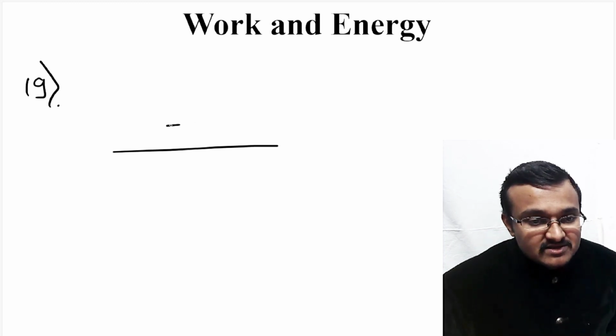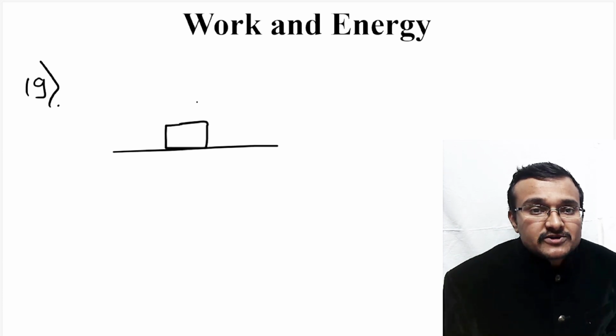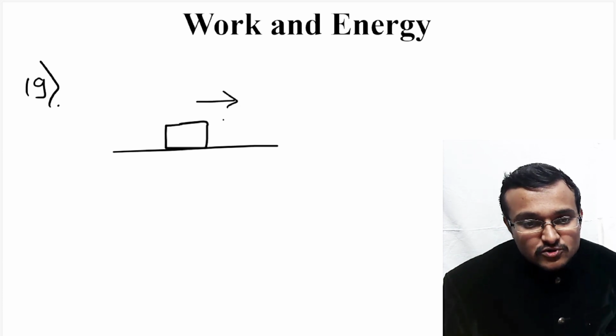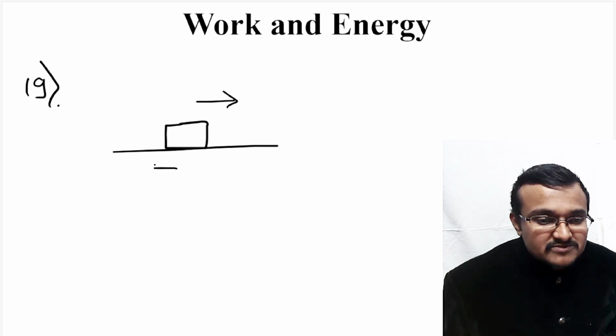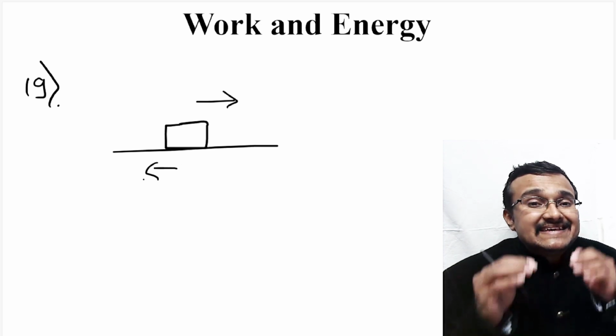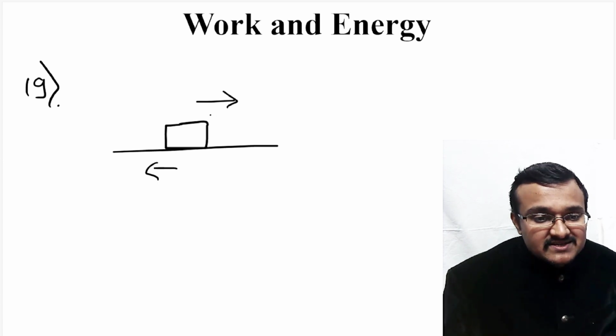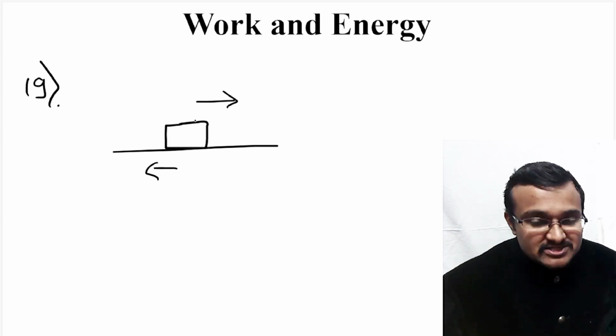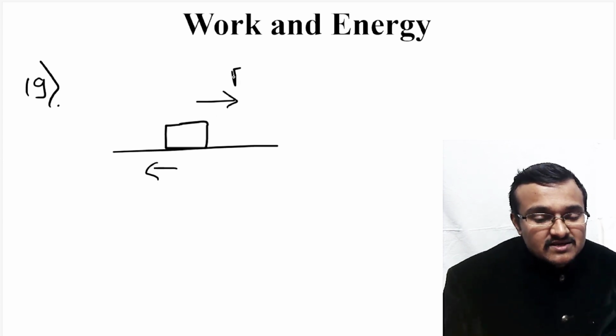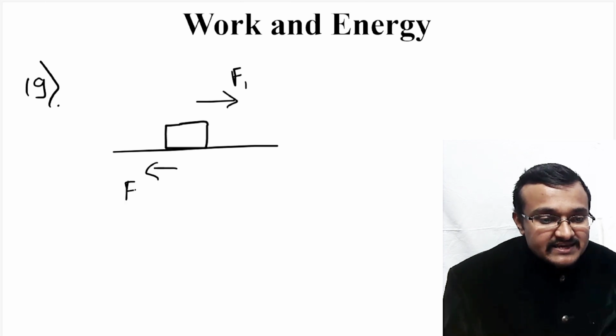How is that possible? If there is an object like this, and this object is experiencing a forward force, and also an equal and opposite backward force, then let's say there are two different forces acting on this object. One is F1 and one is F2.